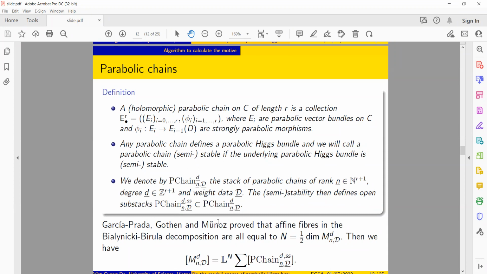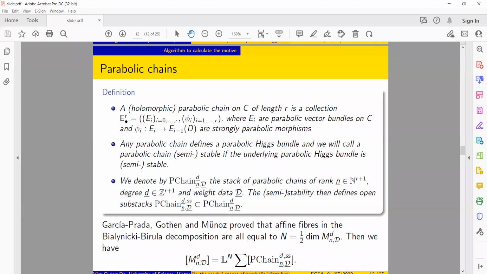Now we can define some moduli stack with fixed numerical data like degree, rank, and weight. Because here we have a collection of parabolic vector bundles, the n here is the collection of ranks of the parabolic bundles, and everything else is the same.